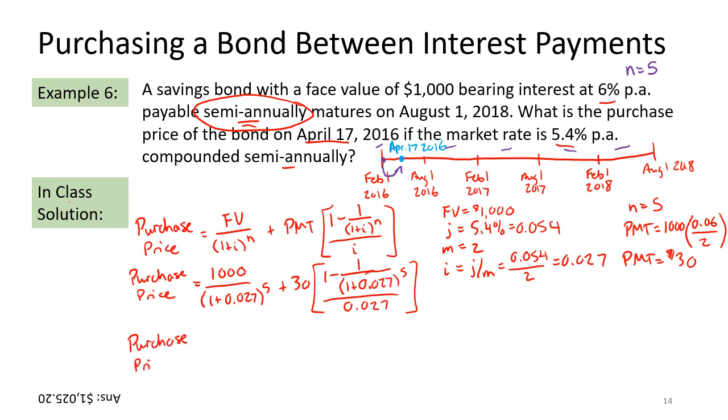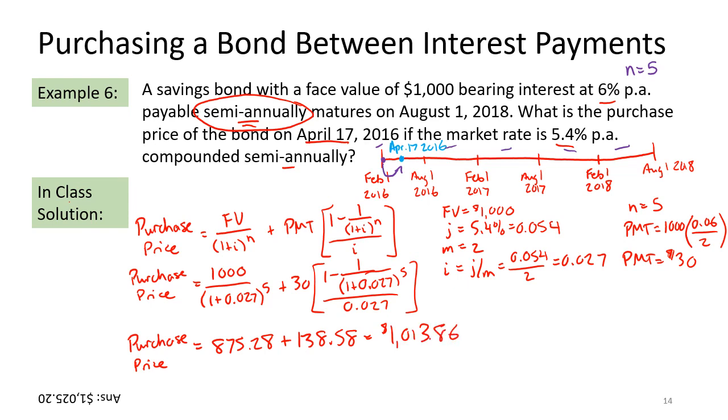So, you calculate those two numbers out, you get $875.28 plus $138.58, which comes out to $1,013.86.